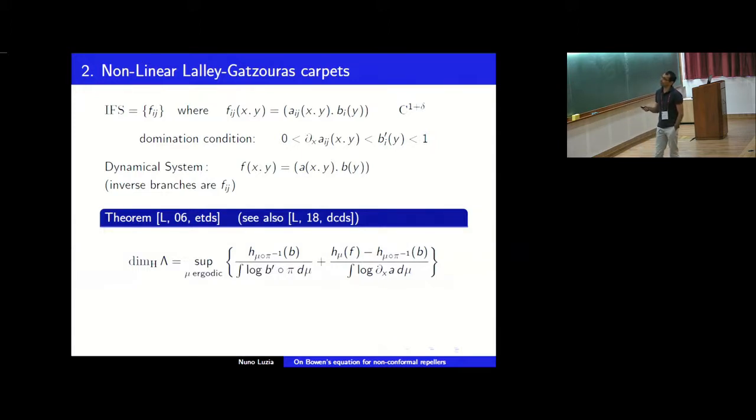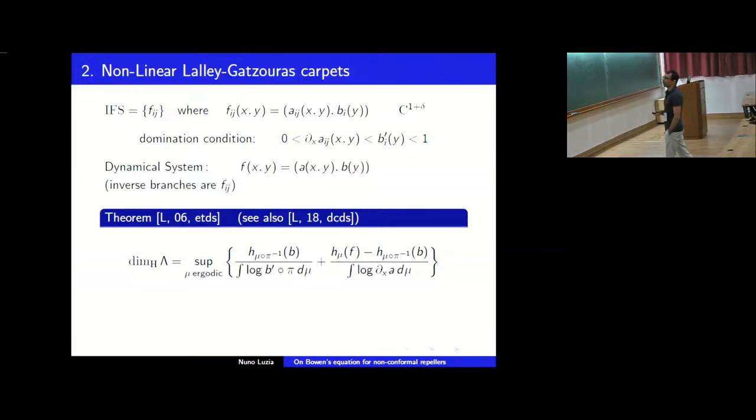This is the relative entropy and the corresponding Lyapunov exponent in the horizontal direction, okay? And this is the dimension of an ergodic measure, okay, supported on that attractor. If you make the supremum of this, we recover the dimension of the attractor or repeller now.